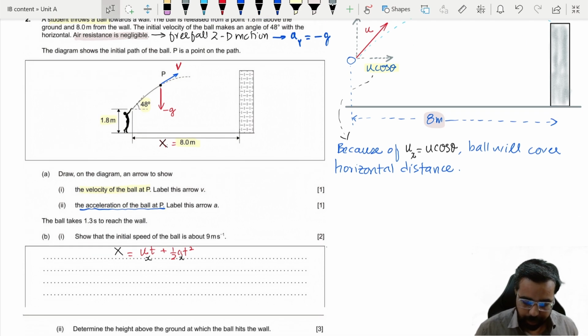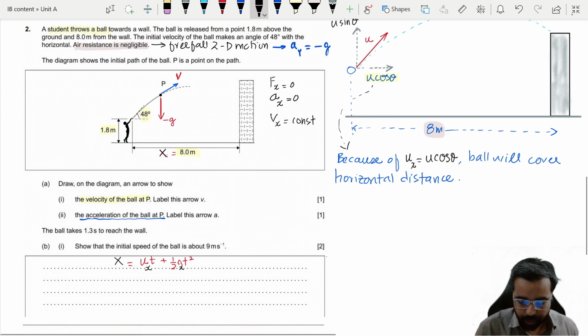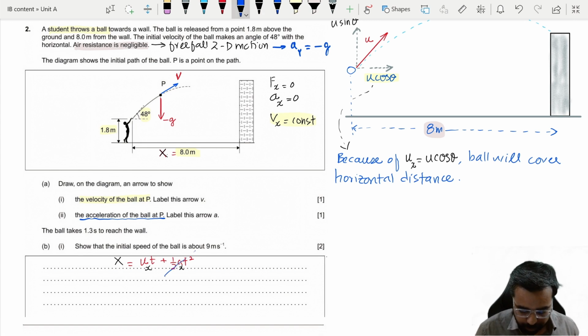Now you know that because air resistance is negligible, there is no force along the x-axis and there's no acceleration in this ball in the direction of the x-axis. So the velocity along the x-axis is constant. Okay, that was a quick reason. So on this basis we can make it zero because there's no acceleration, and you can directly apply this equation. Okay, so u cos theta times t.